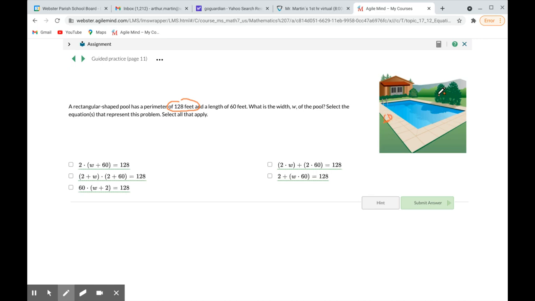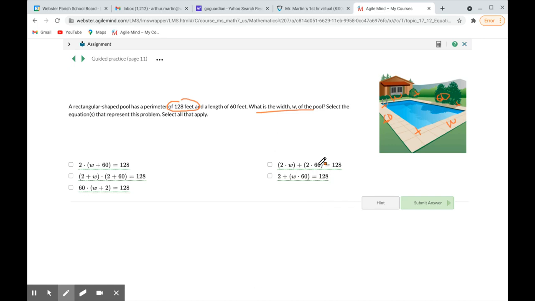So the length on each side is 60. So what do we not know? The width. So we don't know the width here, and we don't know the width here, but we do know to get perimeter, you add them all together, and it'll tell you what it is for the perimeter. So out of these, don't even look at this.